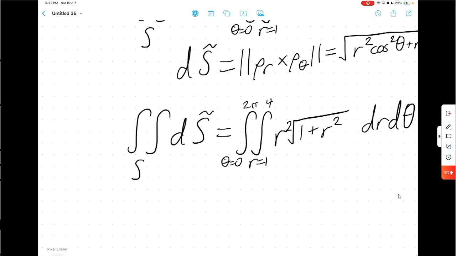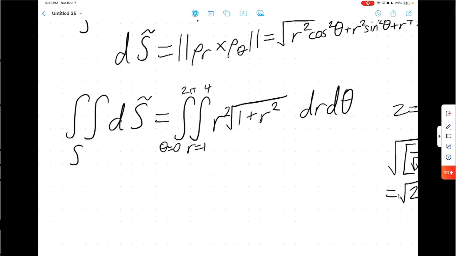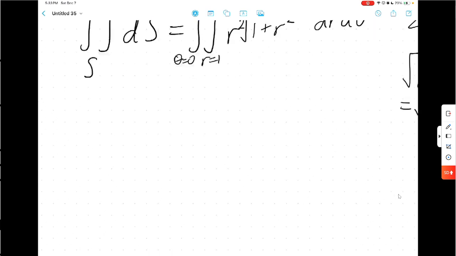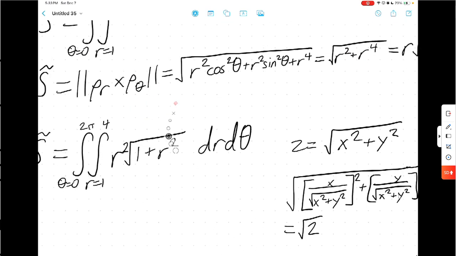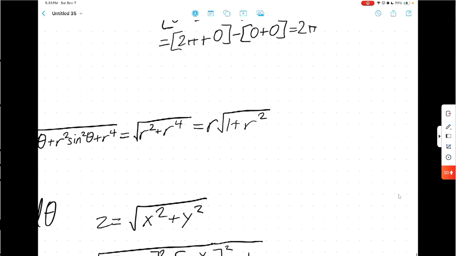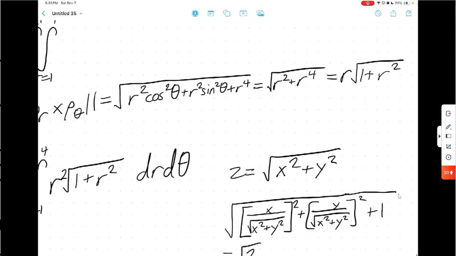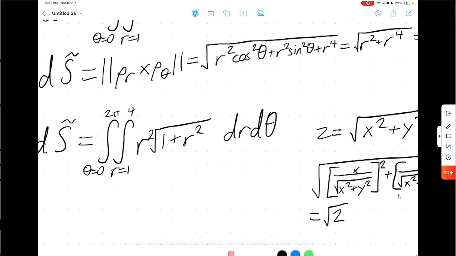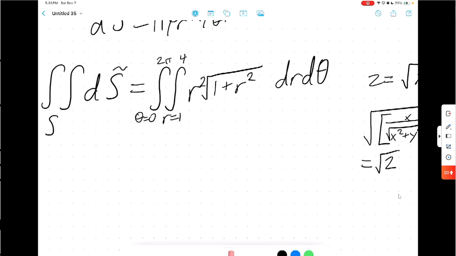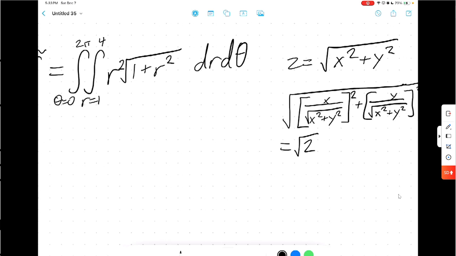Hmm. You get root 2, which would become root 2 r d theta.